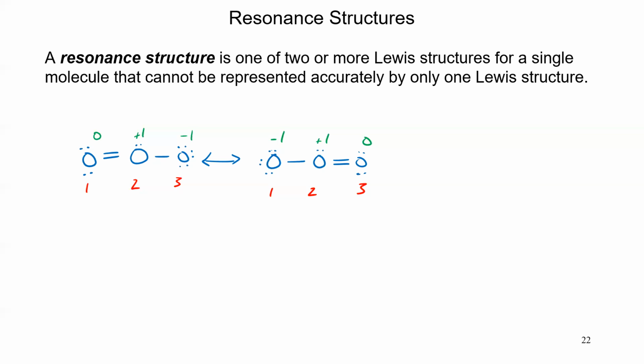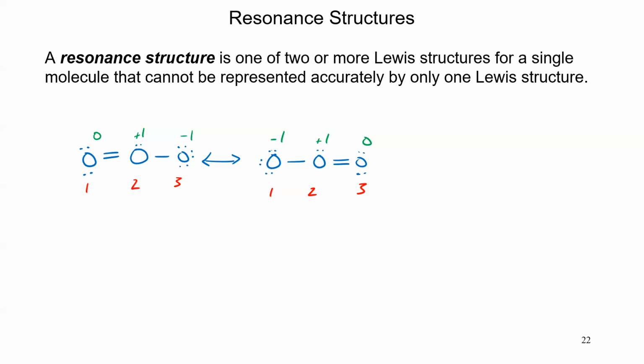The way on the left is not 100% accurate. The way on the right is not 100% accurate. We have to draw both of them. In reality, the double bond bounces back and forth over time, and so it averages out so that really there's 1.5 bonds on both sides.